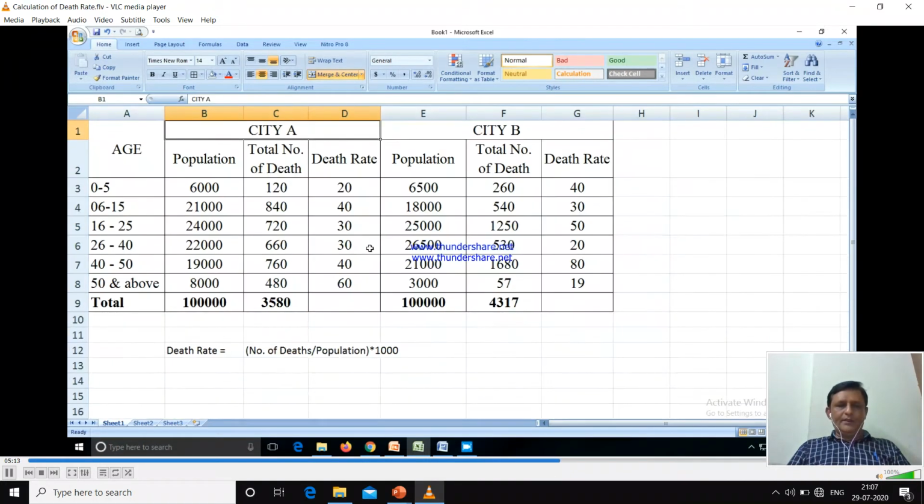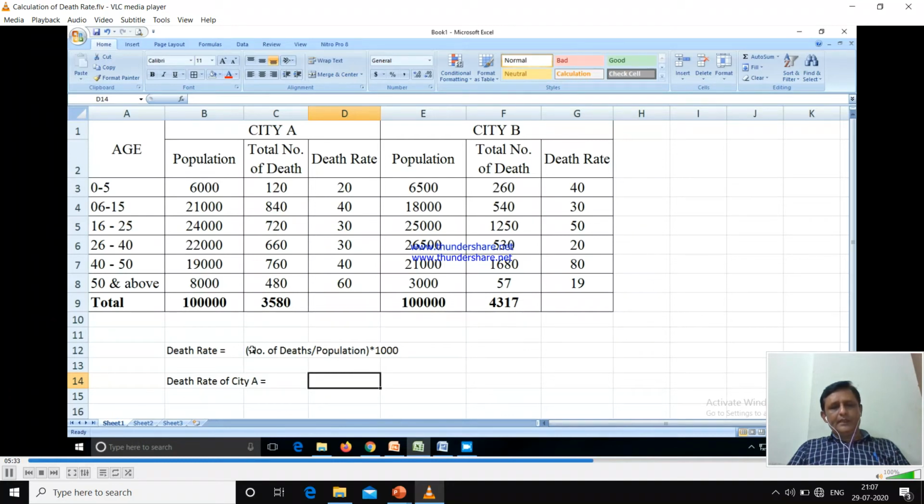So now let me generalize the calculation for death rate. This is what we gave as individual. So death rate of city A is equal to, fine. Now here we will focus on total calculation.